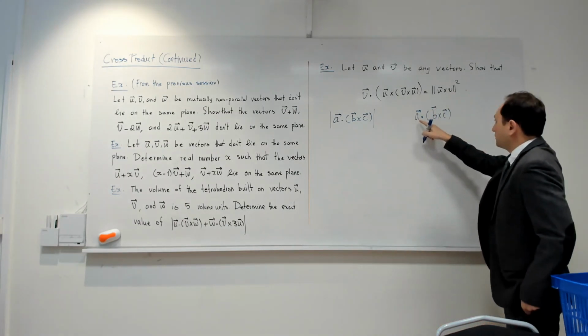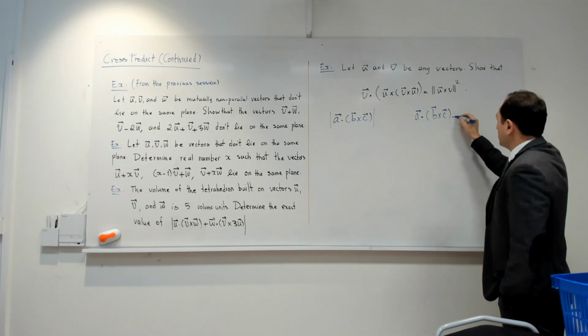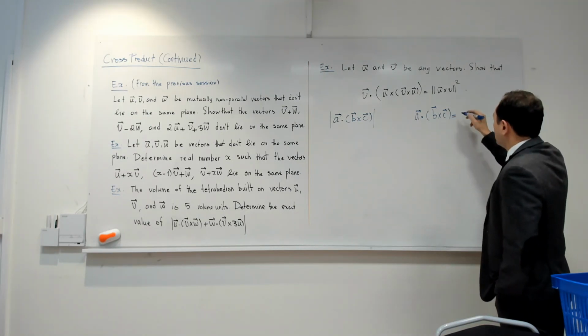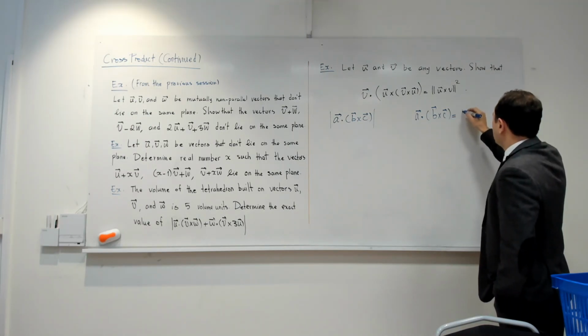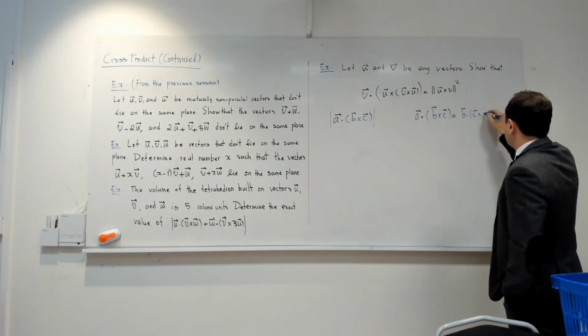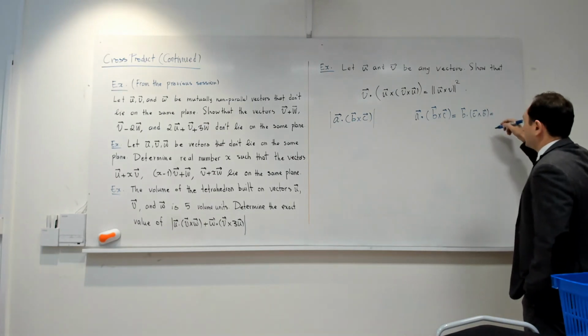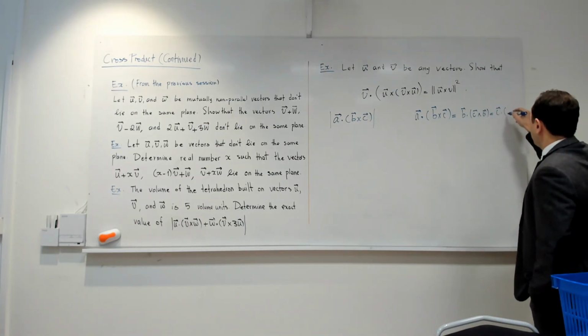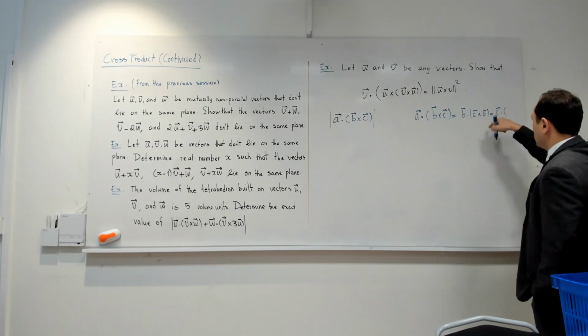So if I start with A dot B cross C, it doesn't matter if I start from B and dot C cross A, and it doesn't matter if I start from C, but you have to respect the order in which you read it, the cyclic property.